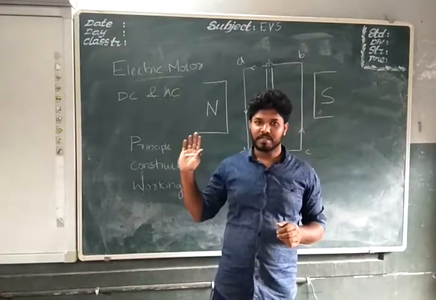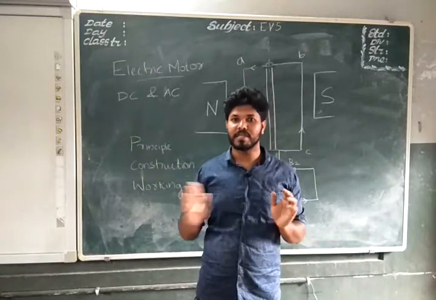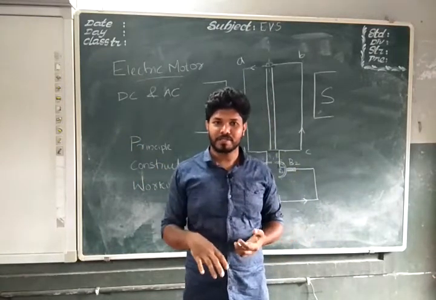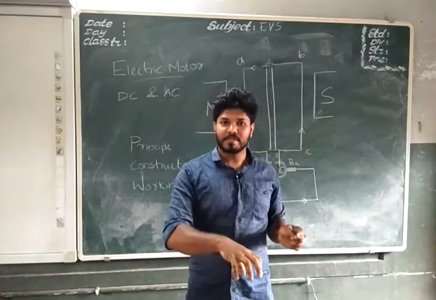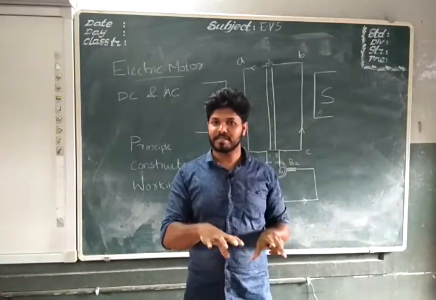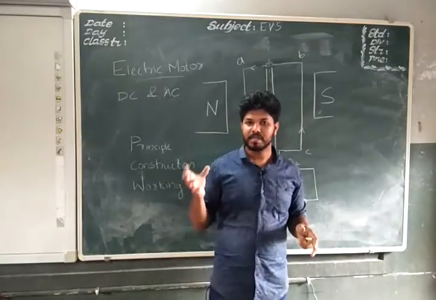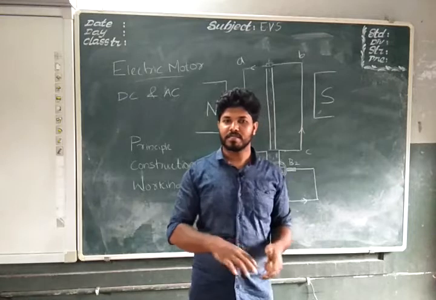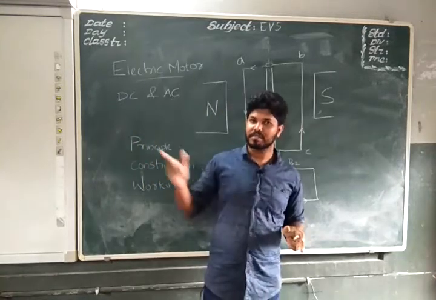And we are converting it into DC current through our inverters. If you have an inverter in your house, you may be using a battery as well as an inverter set. This inverter is used to convert DC into AC or AC into DC. Now just understand what is DC.